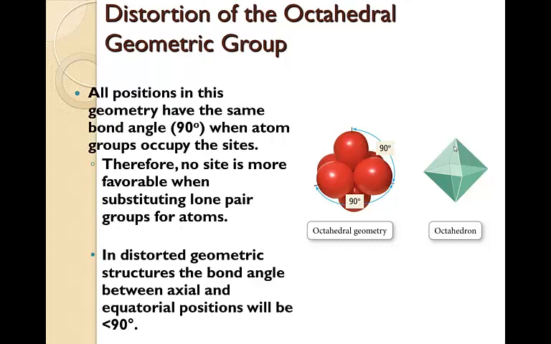Since they're all the same degrees, there is no one place that the lone pair is more likely to go. So any one of these 6 areas a lone pair could be placed in. In distorted geometric structures, the bond angle between the axial and equatorial positions will be less than 90 degrees.